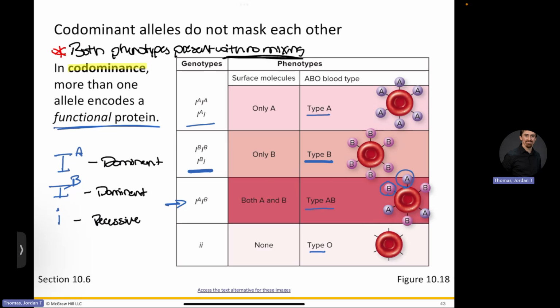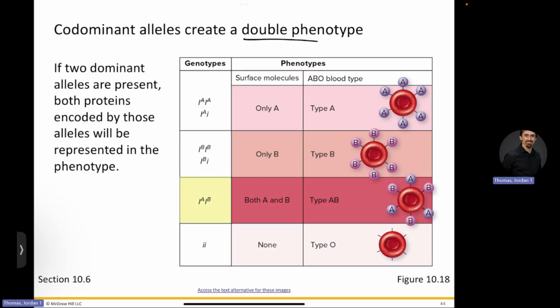So these two dominant alleles, when mixed here, are both present. This is codominance because A and B proteins are located on the cell. Dominant alleles create a double phenotype, and that's what I talked about. If two dominant alleles are present, both proteins encoded by these alleles will be represented in the phenotype.